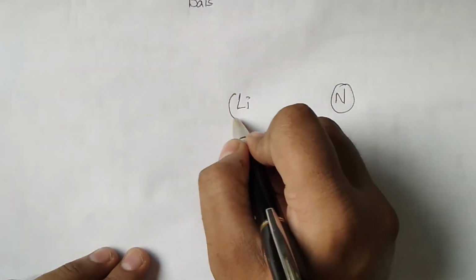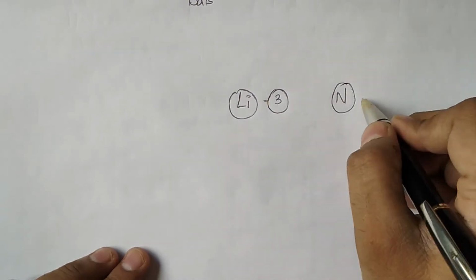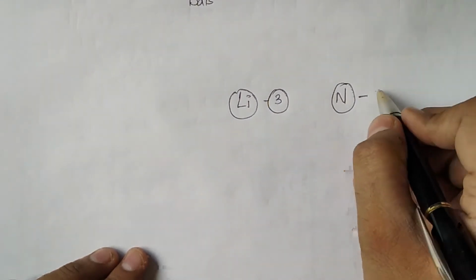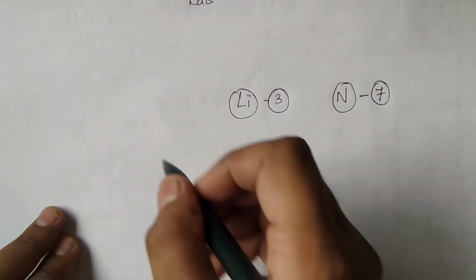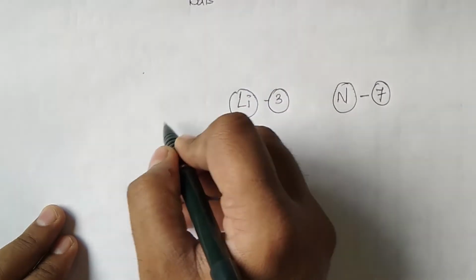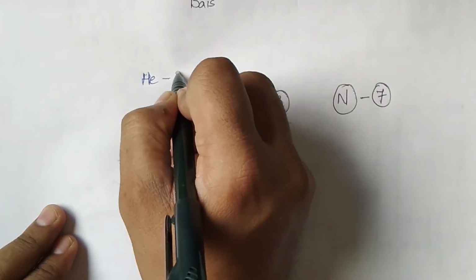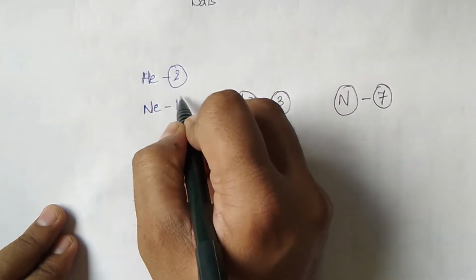Lithium has atomic number 3. Nitrogen has atomic number 7. If you see carefully, the 2 noble gases between which these 2 elements lie are helium, which has atomic number 2, and neon, which has atomic number 10.